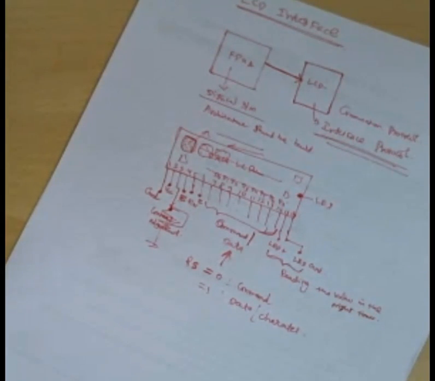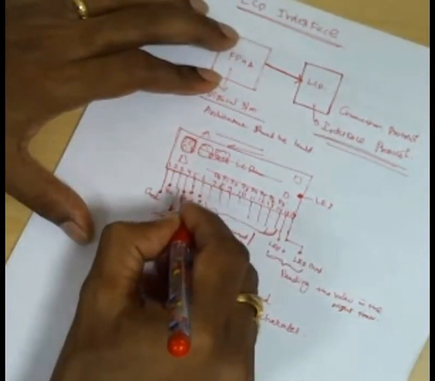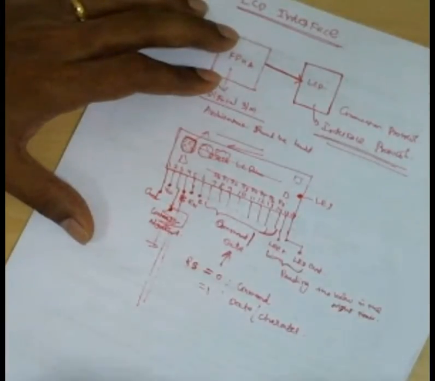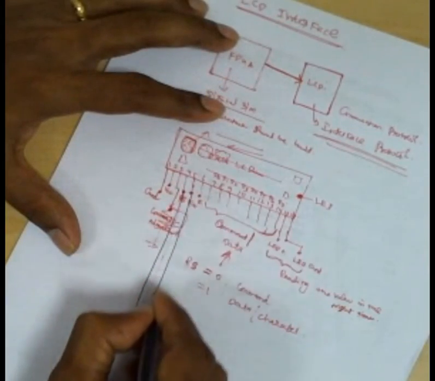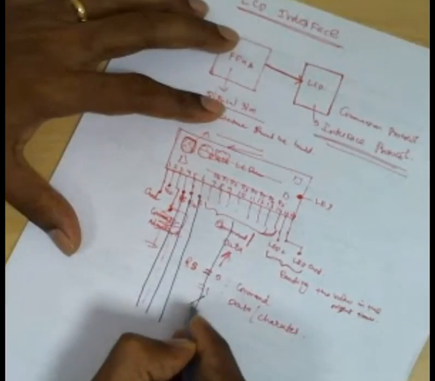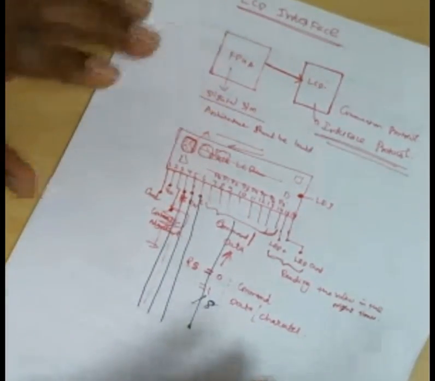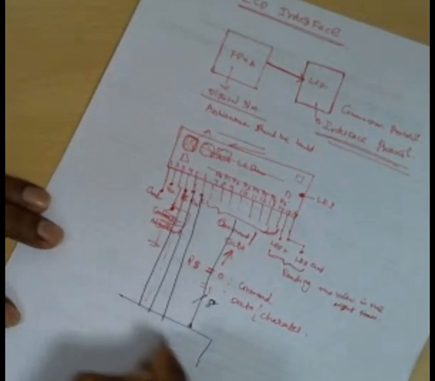So as long as we are giving the command, RS equals 0. RS is coming to the FPGA. Then R bar W is coming to the FPGA. Enable is coming to the FPGA. And all this 8-bit digital data is coming to the FPGA. Remaining all are managed within the LCD board. So here is our FPGA, our master.